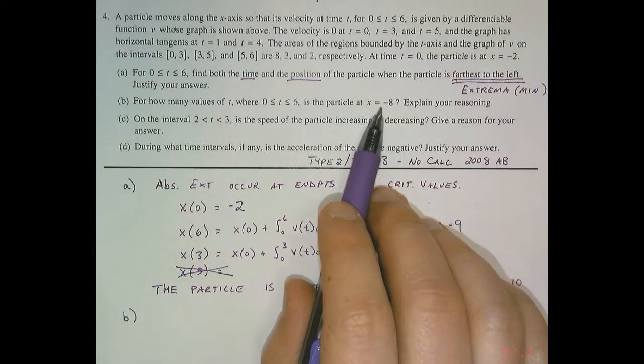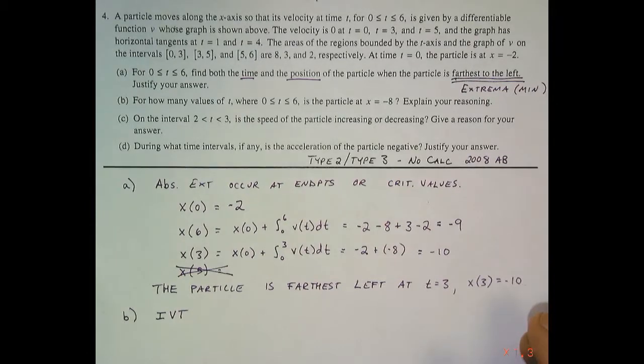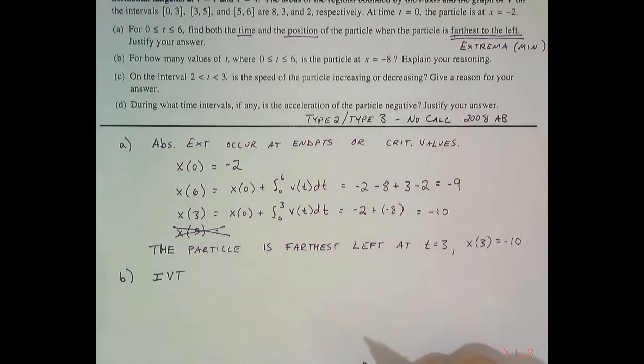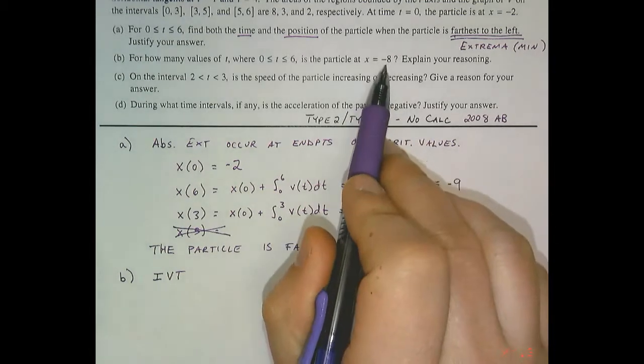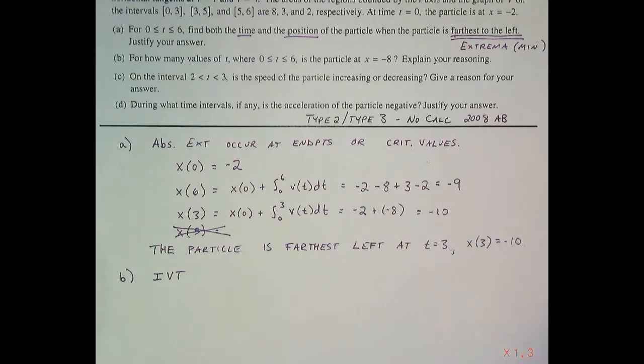So it doesn't look like we're looking at the derivative, so my initial instinct is that this is an intermediate value theorem question. And the intermediate value theorem says that if a function is continuous between a and b, and a point exists between f of a and f of b, then we're going to pass through it somewhere.